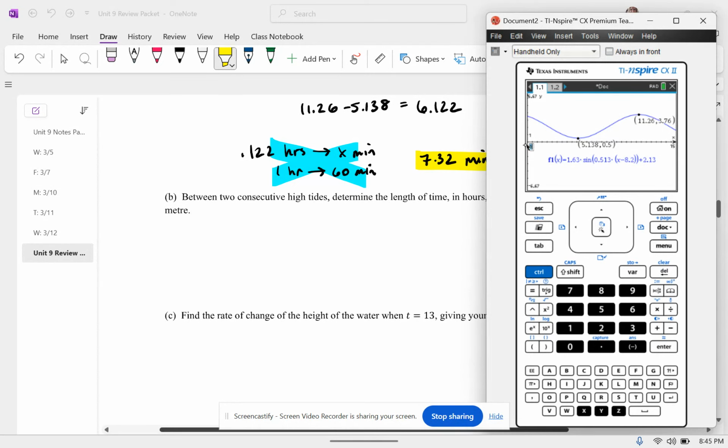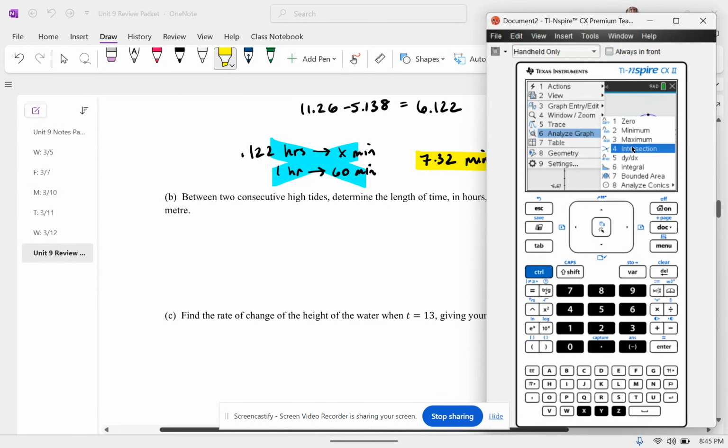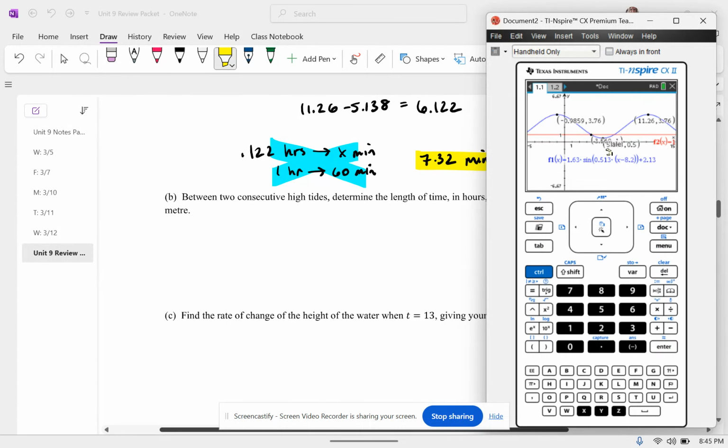So I'm going to take a peek and see if maybe that's the closest high tide. Yeah, it looks like there's a high tide over here. Okay, so I'm going to see where that high tide is. Between two consecutive high tides, I'm going to determine the length of time in hours, so I don't need to convert to minutes here, which is pretty cool. The water is less than 1 meter, so I'm going to add a horizontal line at 1. I'm going to see where this graph crosses that line.